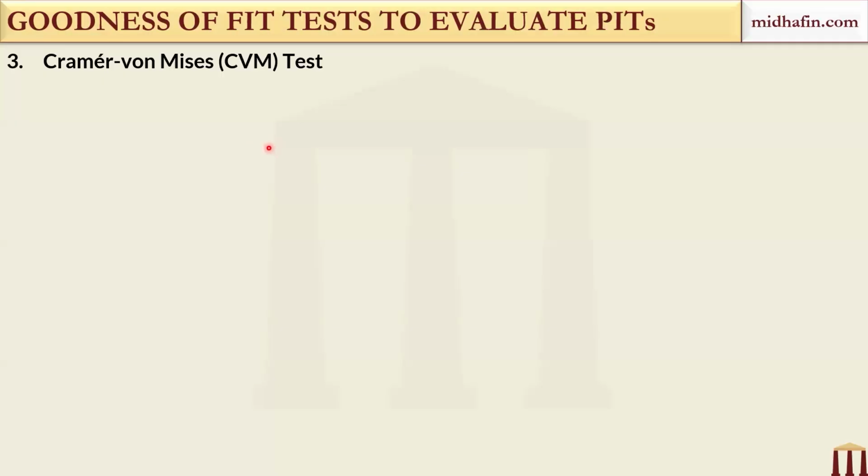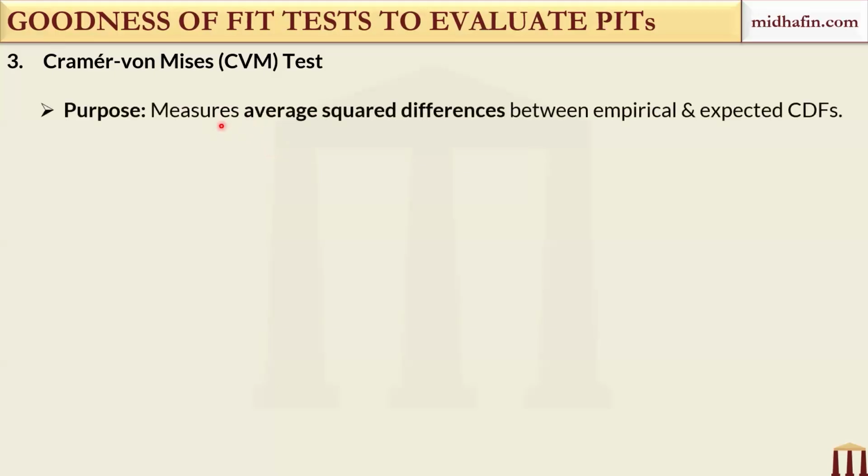Instead of looking just at the largest gap like the KS, or emphasizing the tails like the AD, the CVM test measures the average squared difference between the empirical and expected CDFs across the entire distribution. So it's more of a global test. It tries to see overall how far off the shape of your observed PIT distribution is from what you'd expect under a perfect uniform.